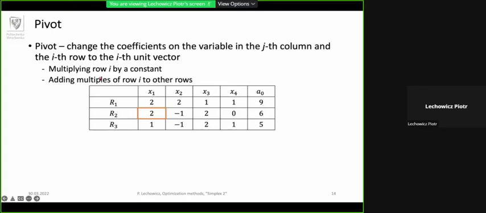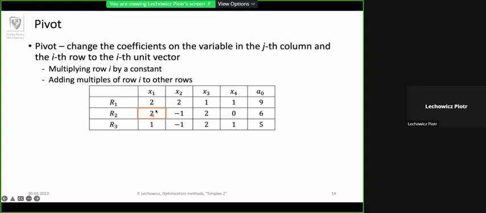So a pivot is an operation where we change the coefficients on the jth column and ith row such that we have ith unit vectors. So we have vector 0, 1, 0. So 1 is for the jth column and ith row, and we achieve this by multiplying the ith row by a constant.